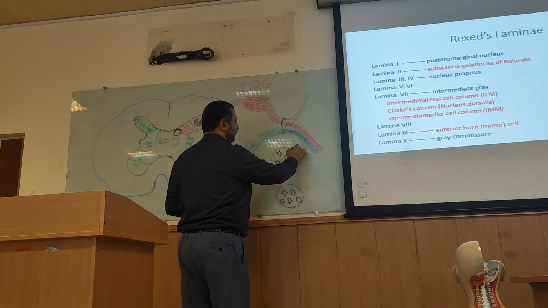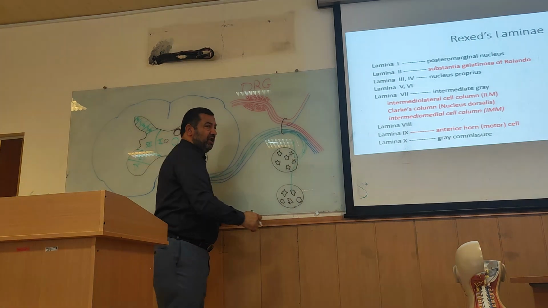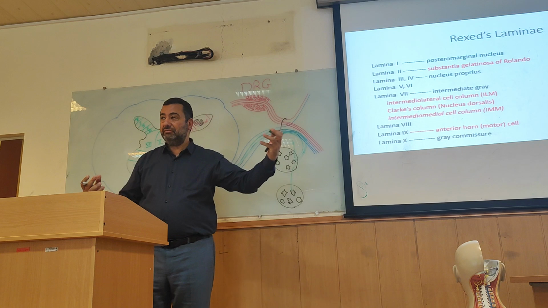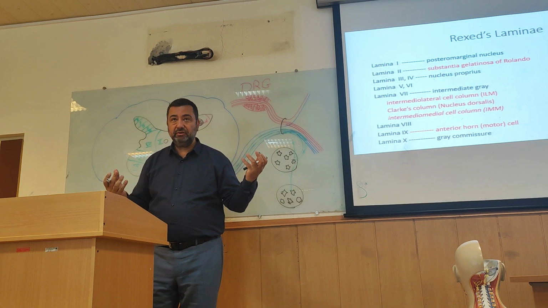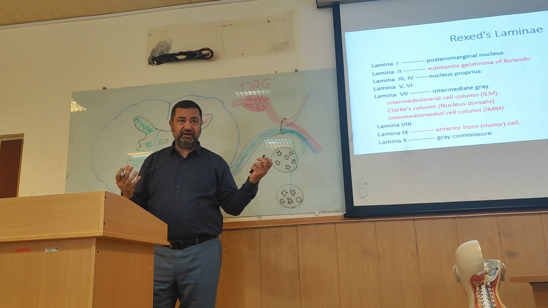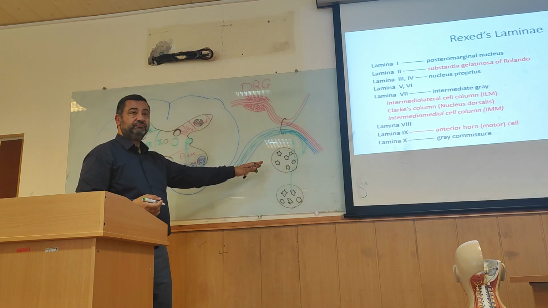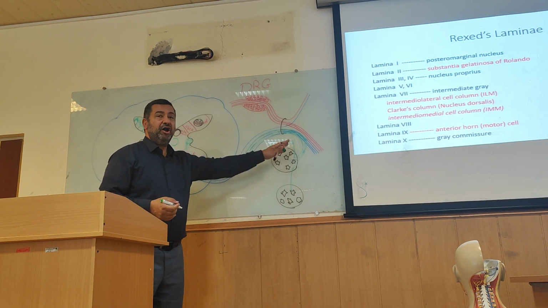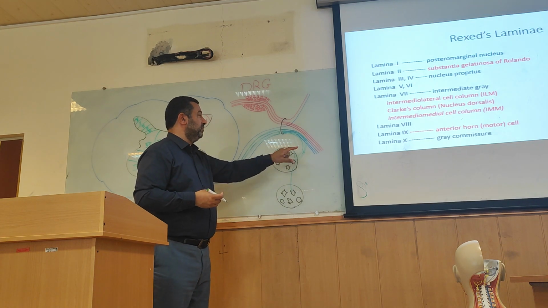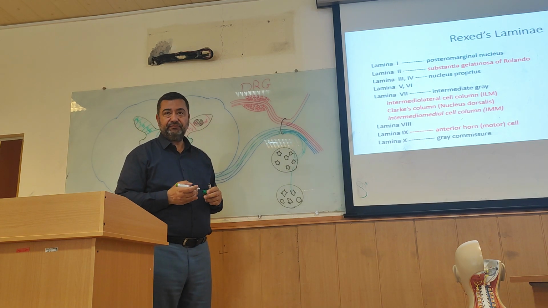And these fibers between ganglia make the chain. Okay? Is it clear? Yes. These are preganglionic sympathetic fibers.